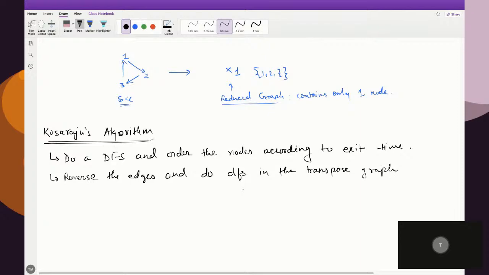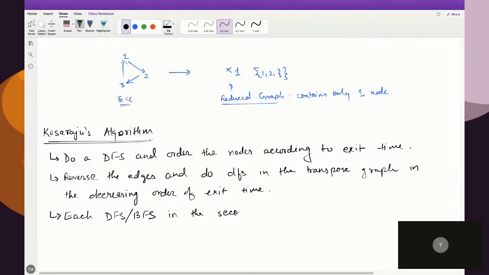Reverse the edges and do the DFS in the transpose graph in the decreasing order of exit time. Each DFS or BFS, any algorithm, in the second step gives you the strongly connected components.